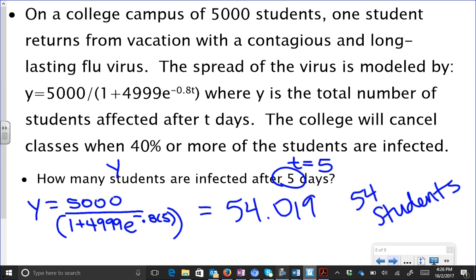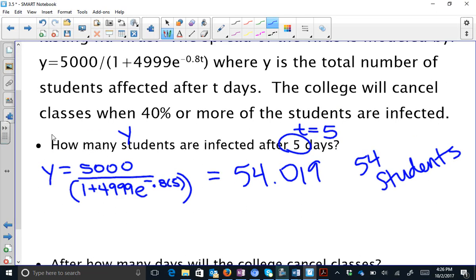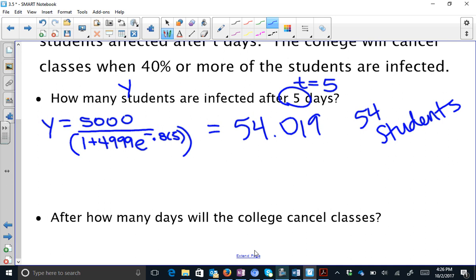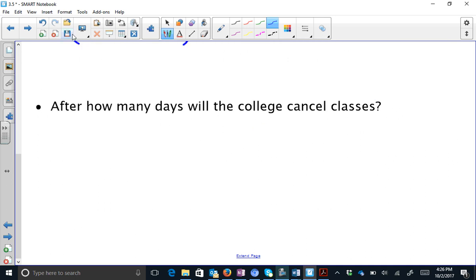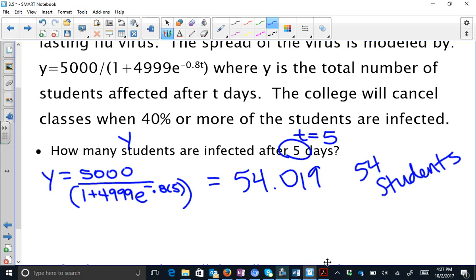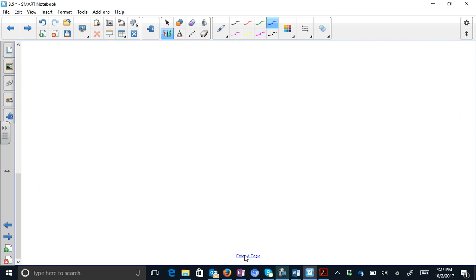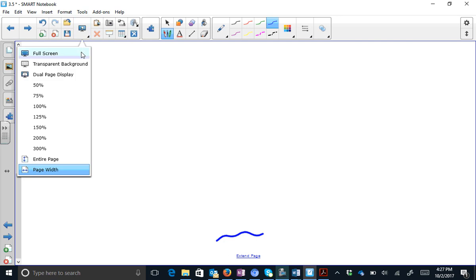Next, what we need to do is figure out when they are going to cancel classes. All right, sorry, I'm having trouble with my board here, so just bear with me.